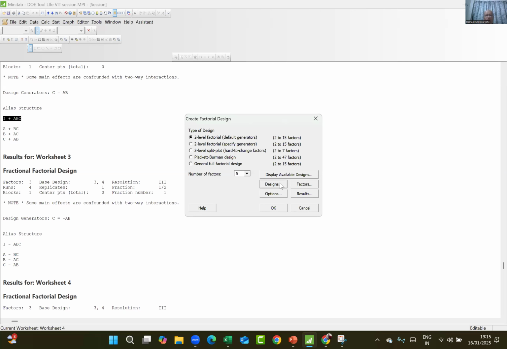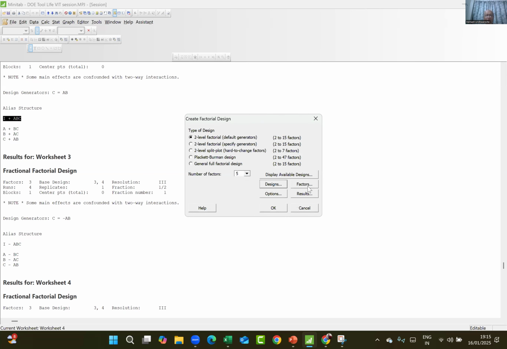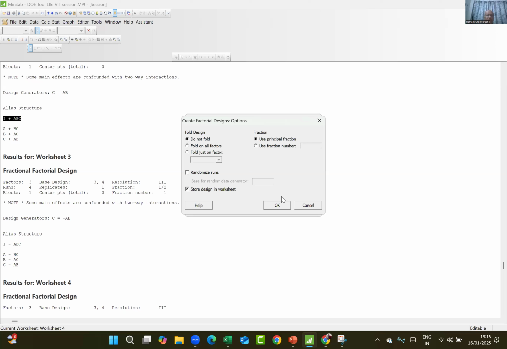So if you remember, we have selected a half fraction here and added the factors and levels. In the options, I can of course check randomized runs, and again change the design order by Stat, DOE, Display Design, and use the principal fraction. You can keep it as a principal fraction.